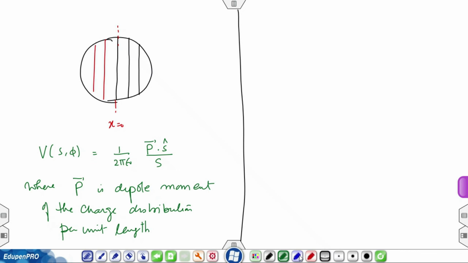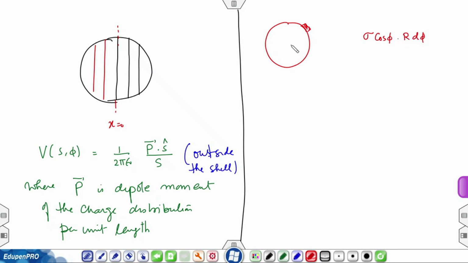We can calculate that. This is for outside the shell. We can calculate the dipole moment per unit length. This is going to be sigma naught cosine phi, which is the charge times r d phi, and I can multiply by the x distance, which is going to be r cosine phi, and integrate it from 0 to 2 pi.